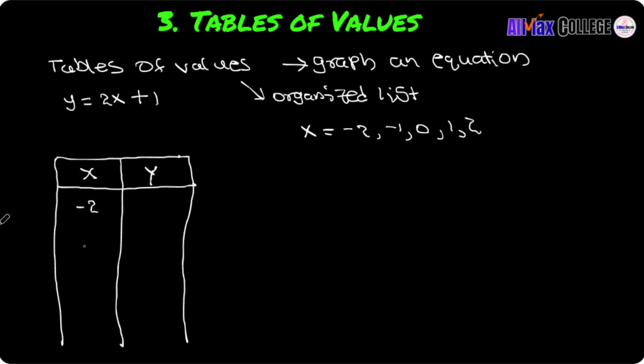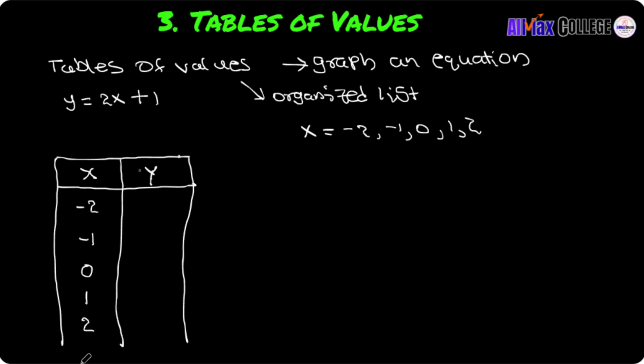So the x values are minus 2, minus 1, 0, 1, and 2. These are the x values.